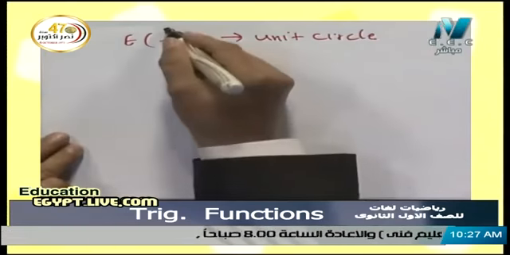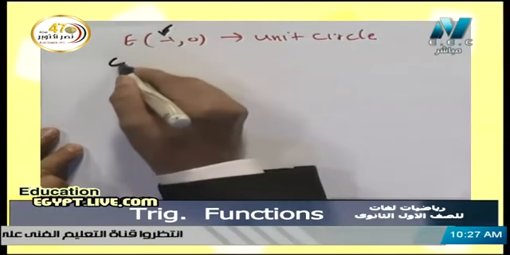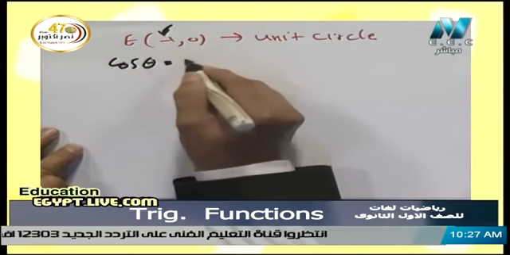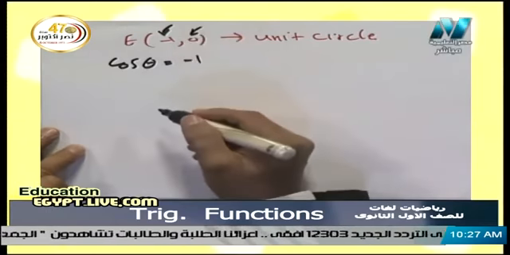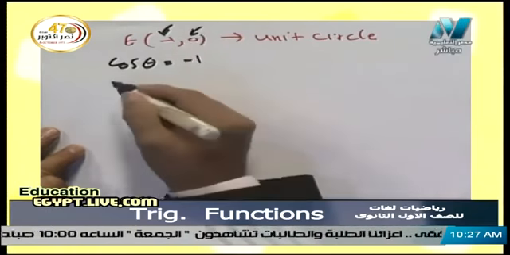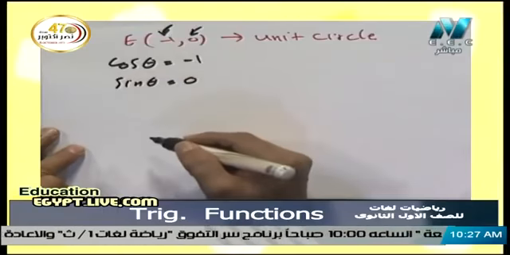We know that this part will be x, and x is cosine theta. So cosine theta equals negative 1. And we know that the second coordinate is y, which is sine theta. So sine theta equals 0.